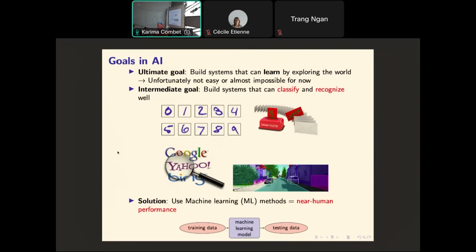Actually, it's not yet feasible, and what we are doing at the moment is to define some predefined tasks. Some basic tasks like the old ones, to identify some digits, and then models have been improved to classify spams, to do some web search, or to do image segmentation.